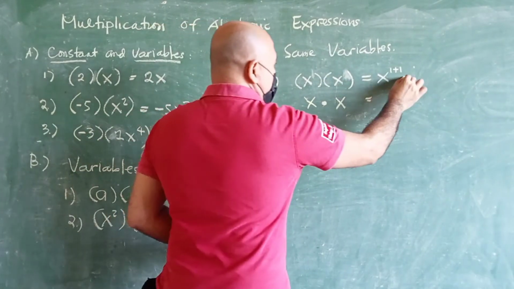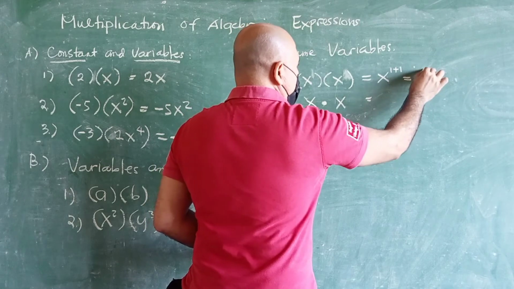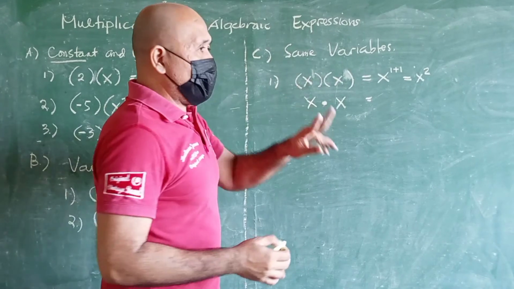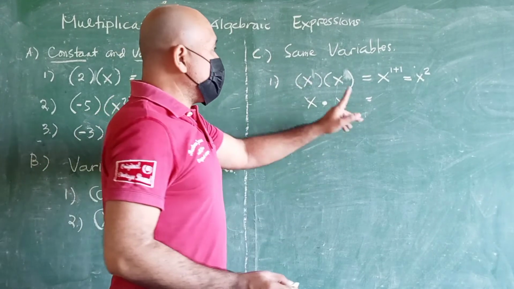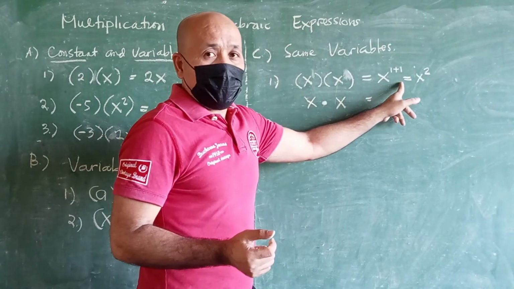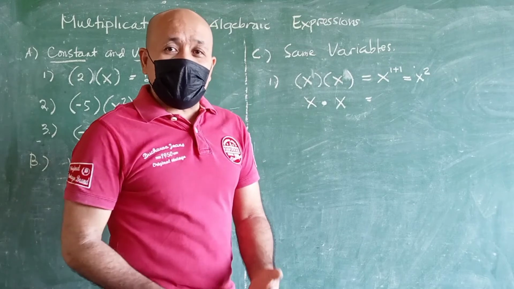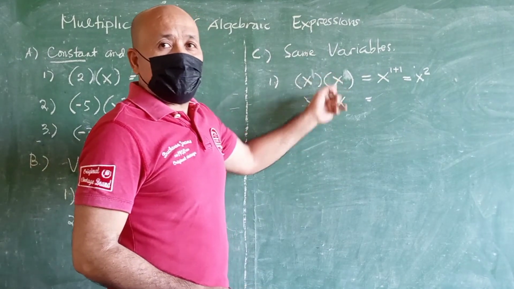The result is x raised to the power of 2. So when we multiply the same variables, the rule is just copy the common variable and add their exponents.